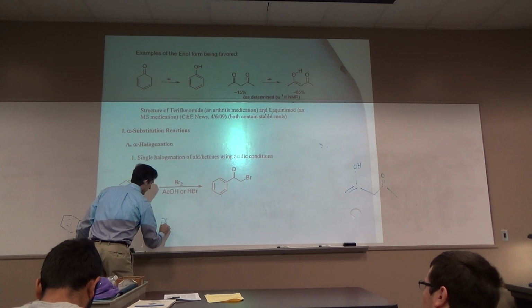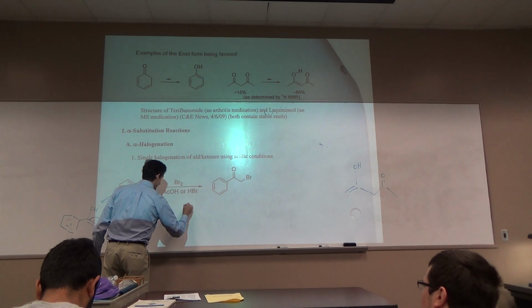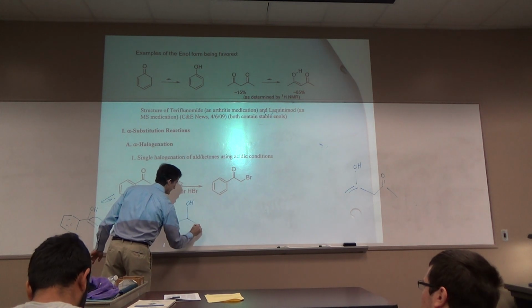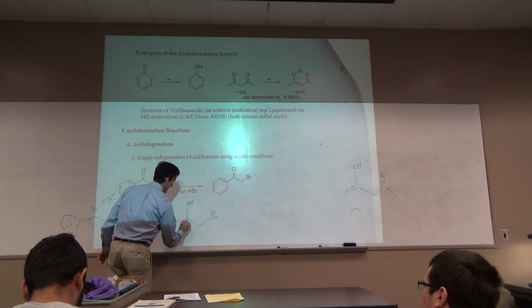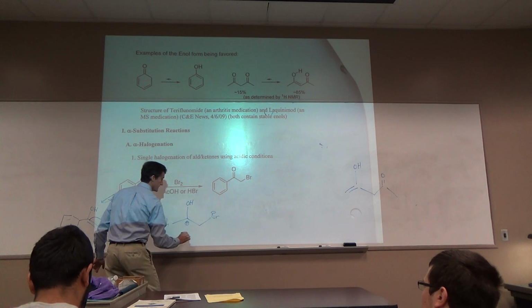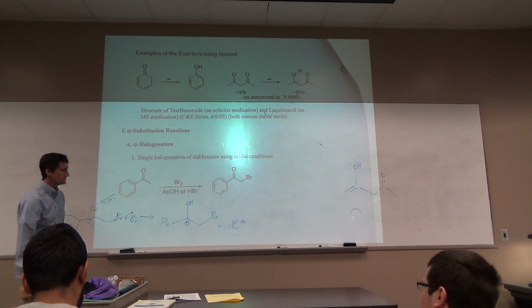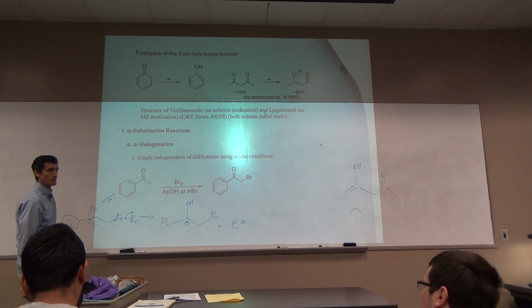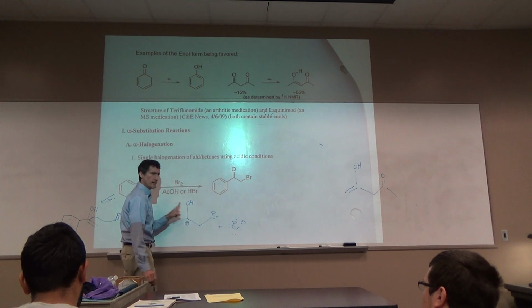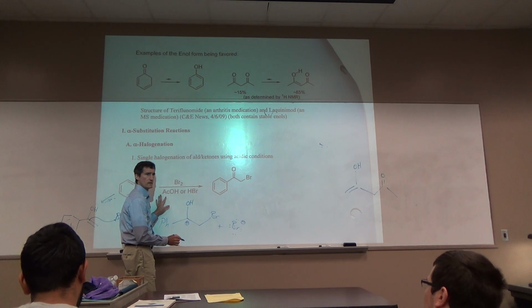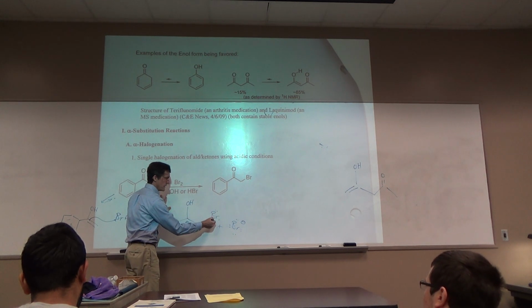I'll just draw that phenyl. We get what? The cation plus Br minus. What do we do in organic 1 here? Back bond.